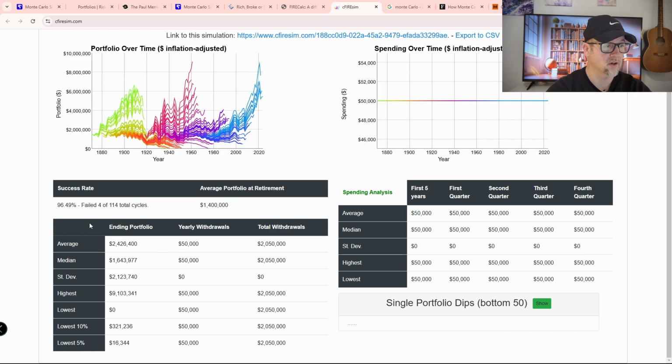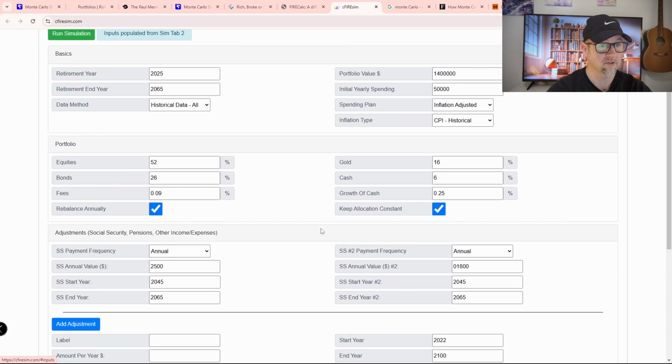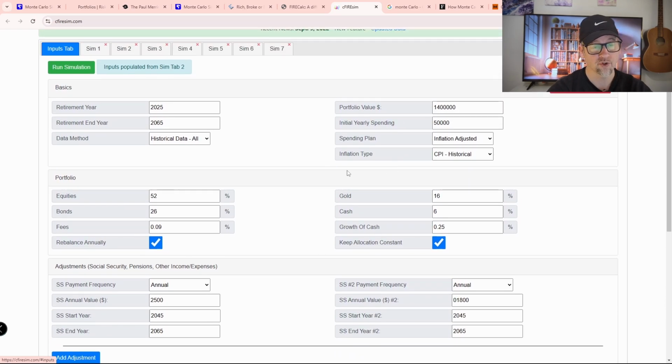Okay, it looks like this one almost made it. It's at a 96.5% total success rate. And our highest we could end up with is $9 million, and our lowest is 0. So that gives you pretty good comfort knowing that if you keep playing around with these numbers, you have to find out what's your fire number.